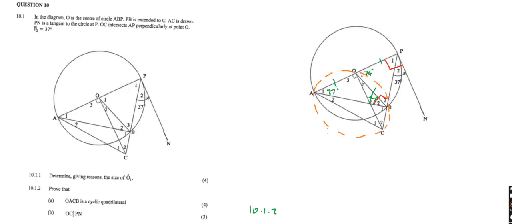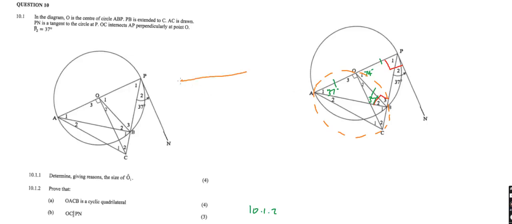So we've got three ways to prove a cyclic quad. We can try to prove a cyclic quad by proving that the opposite angles of a cyclic quad are supplementary, or we can prove that the exterior angle of a cyclic quad equals the opposite interior angle, or we can prove angles in the same segment.